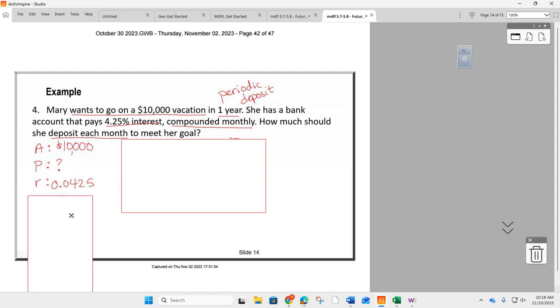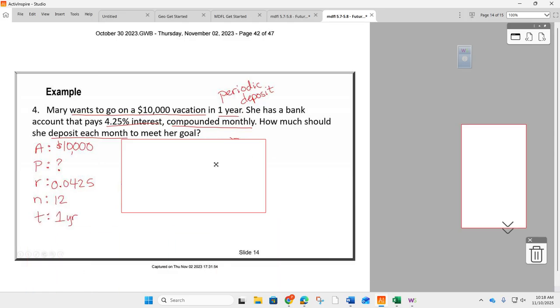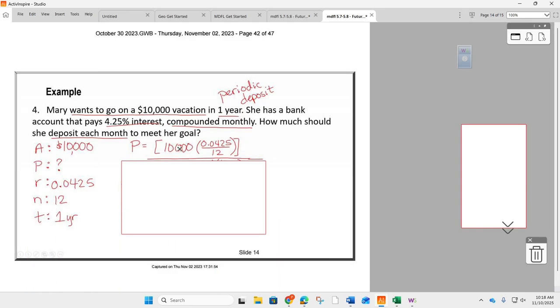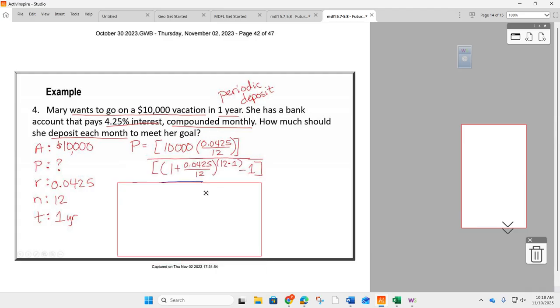Compounded monthly, how many times would it be compounded? If it's compounded monthly, what would her N be? Darby, what's the N going to be? Compounded monthly. How many months? Yep, in a year, 12. And then her time is only 1 year. So that's her numerator. 10,000, the rate divided by the number of times it's compounded, and that's the denominator. 1 plus the rate divided by the number of times it's compounded, all to the power of n times 1, and the time is 1.